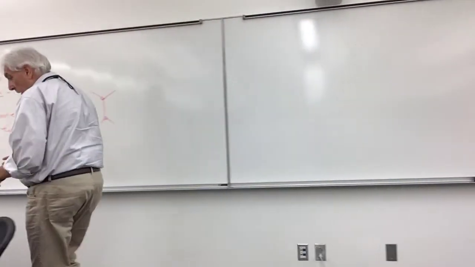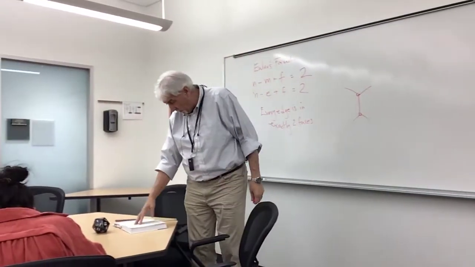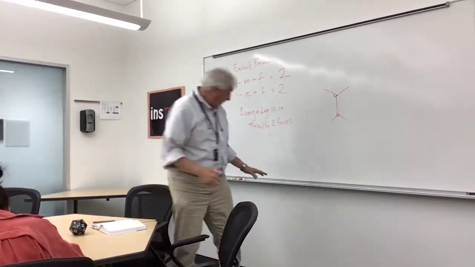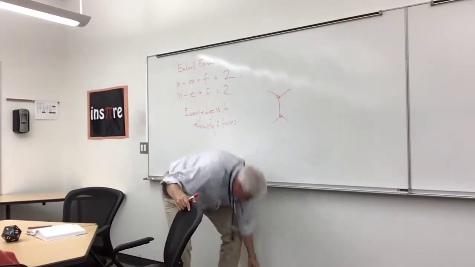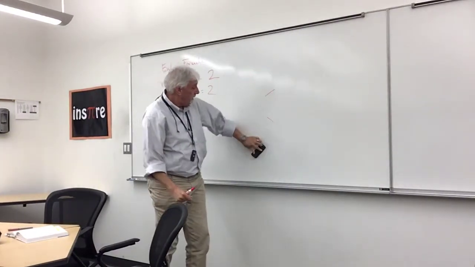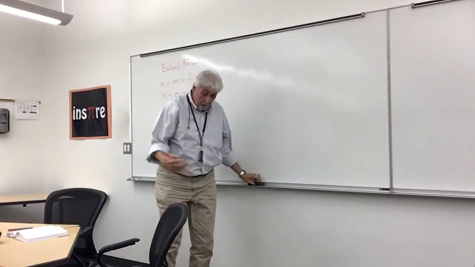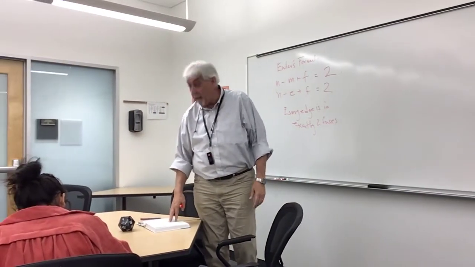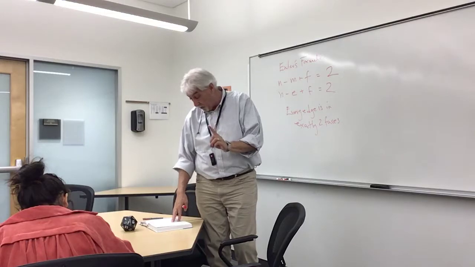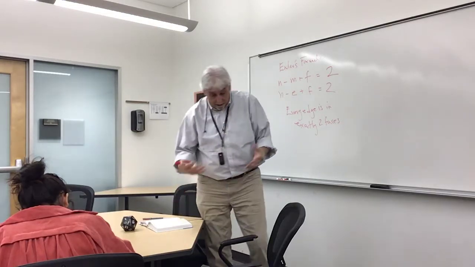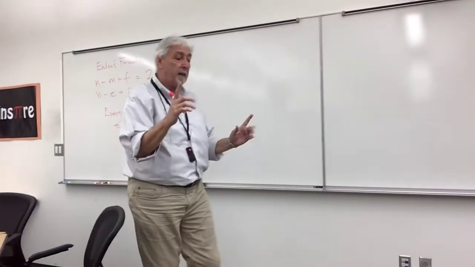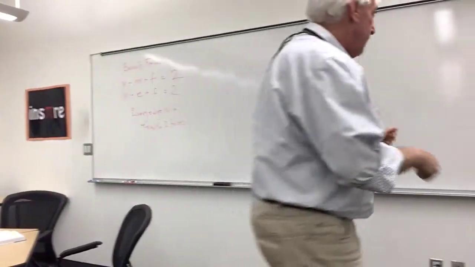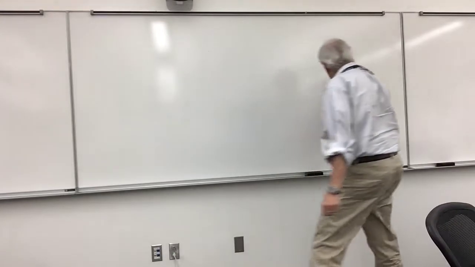Okay, so again, starting with Euler's formula, there's a relationship between the number of edges and the number of vertices, using the fact that every edge is contained in two faces. Let me go back to this loop thing here.